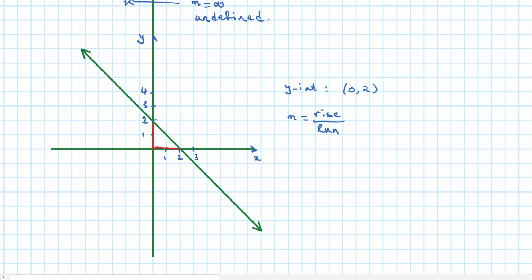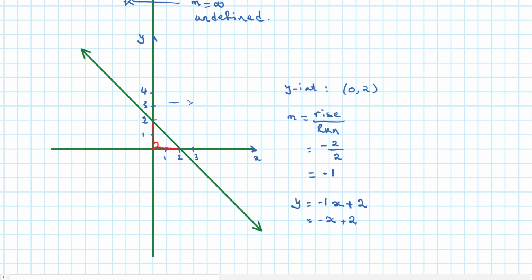In this case, I can use the origin as my vertex. And you can see that as we move from left to right, we don't actually have a rise, we have a drop. That's our negative gradient. So the drop is 2 and the run is 2 for the triangle. That gives me -1. So the equation of this line is y equals mx plus the y-intercept. A simpler way of writing that is y equals -x plus 2.